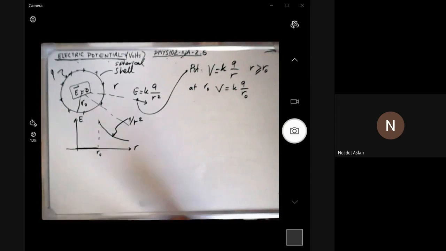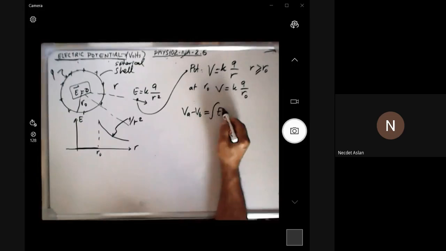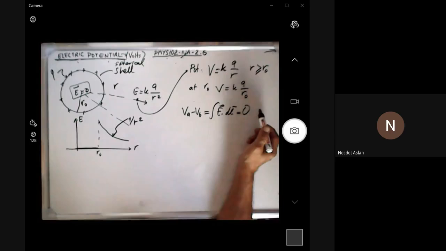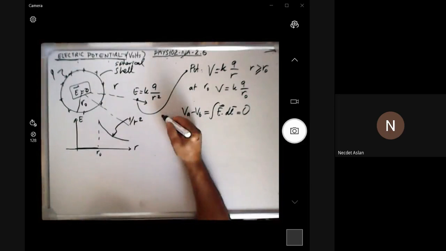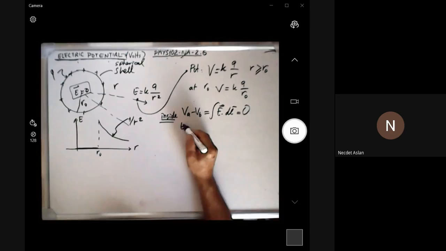Now, what about the potential inside? To derive the potential inside, we have to use VA minus VB, which is equal to the integral of E dot dl, but this is zero, because inside, the electric field is totally zero.